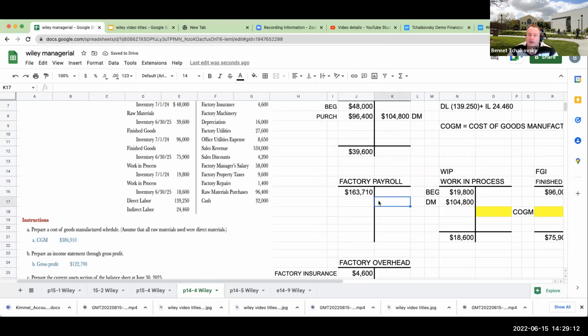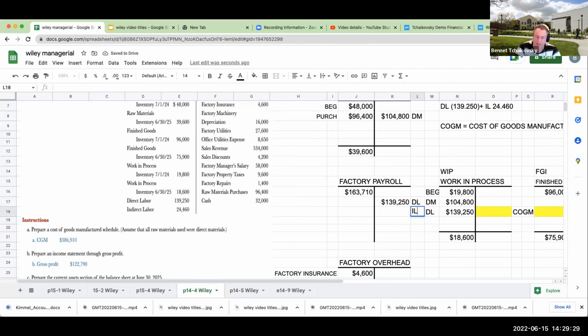Now, when it comes to factory payroll, I laid this out purposely like this, because over here our direct labor is 139,250. And the direct labor is going to go directly into work in process, right, 139,250.